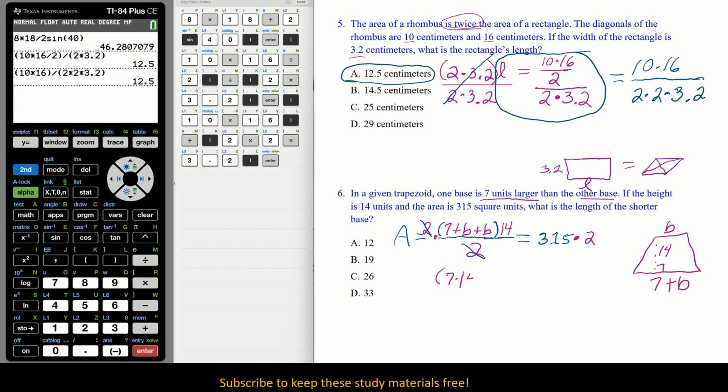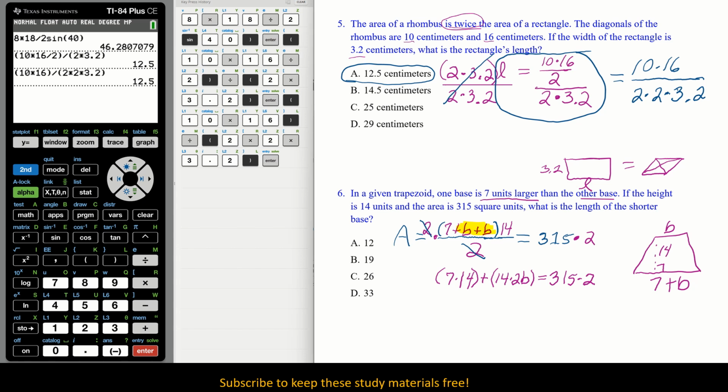We have to distribute. 7 times 14, plus 14 times 2b, equals 315 times 2. There are 2 b's here. We have 2 of them.